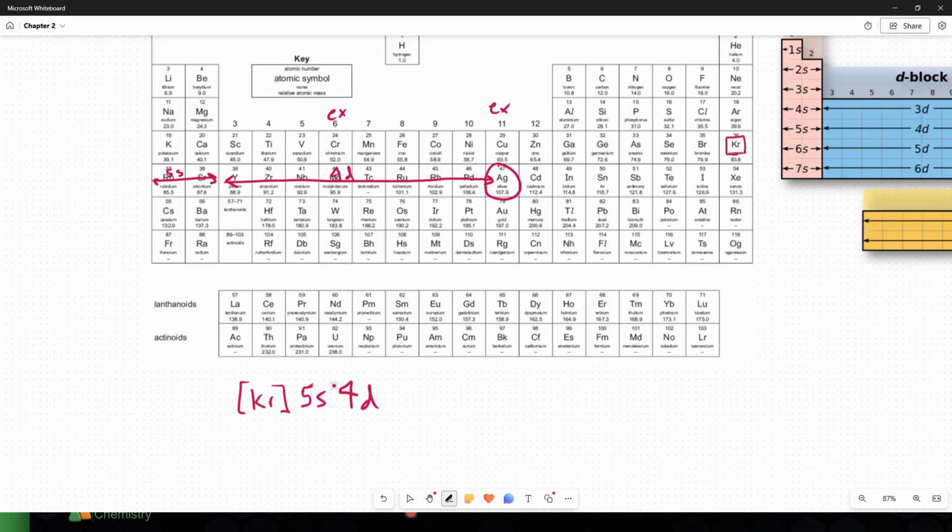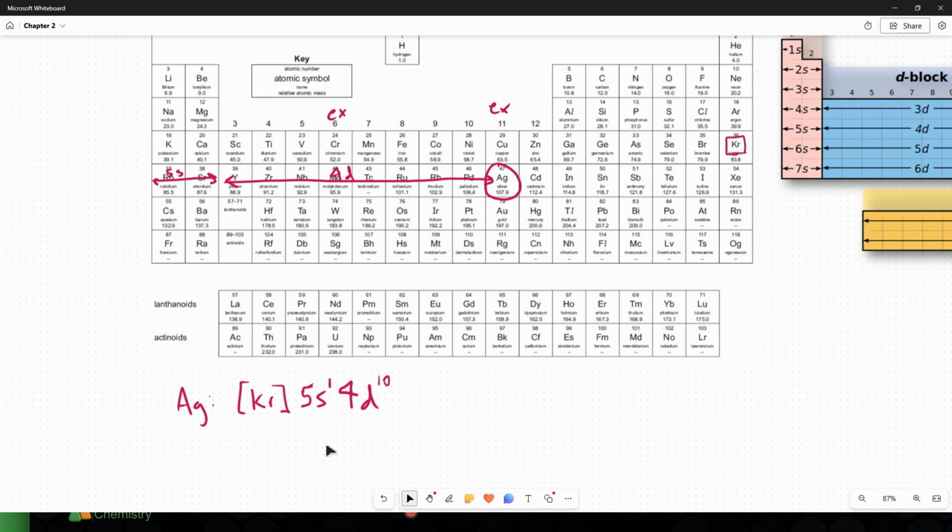When we put these electrons in, we're not going to do 5s2 for the 9. We have the same exception we have with copper. So here for silver, the abbreviation is going to be krypton 5s1 4d10, because again, this makes silver a much more stable electron configuration than we had before.